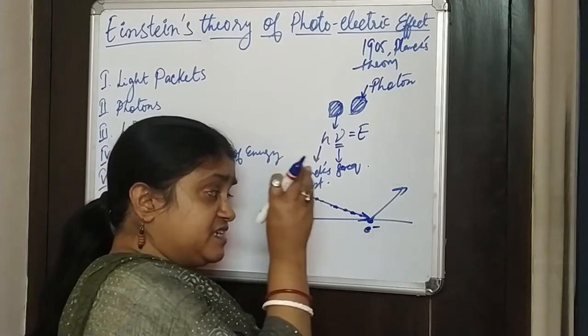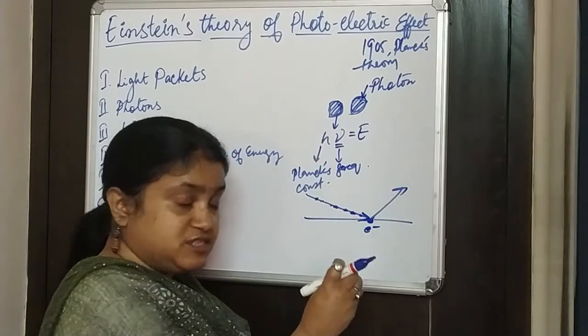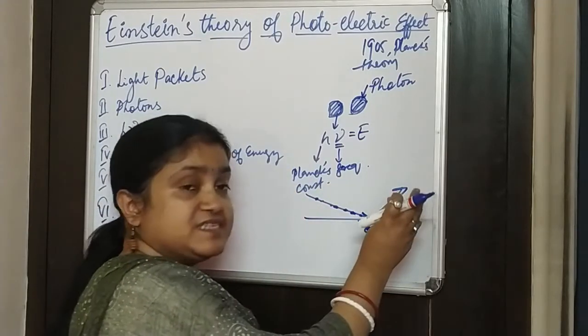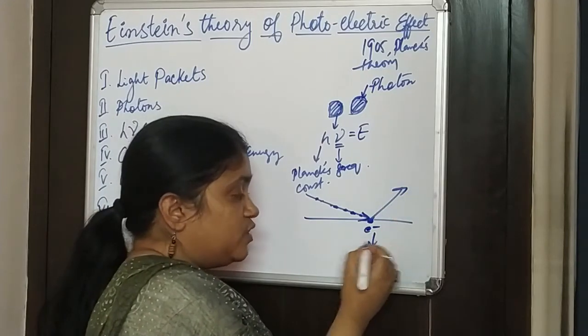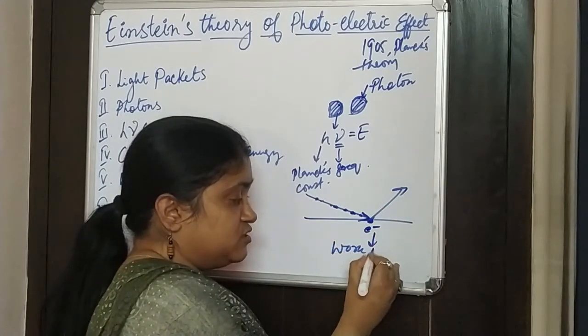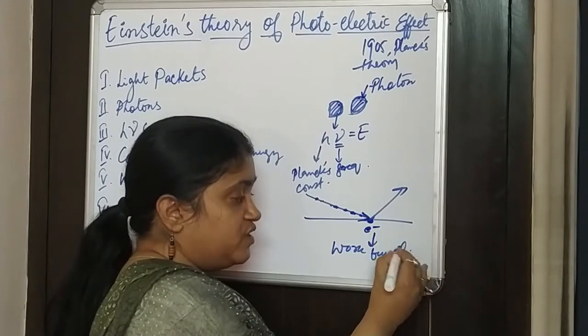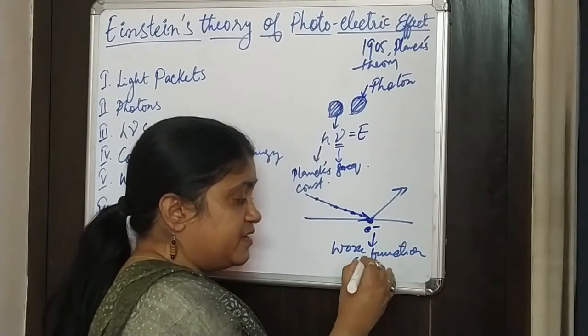The minimum energy required for the electron to escape, we call the work function, which is denoted by phi.